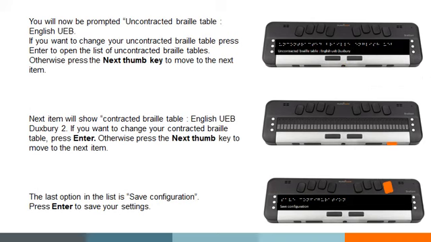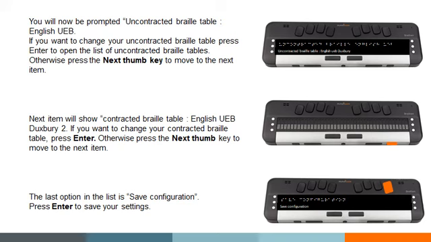Again, you do want to set this because you can switch Braille grades on the fly with the backspace and G command globally. So you're able to use backspace with G to move between contracted, uncontracted, and computer Braille. So again, if you'd like to change your uncontracted Braille table, you would press enter here and look through the list of uncontracted Braille tables that are available and select the one that you would like.